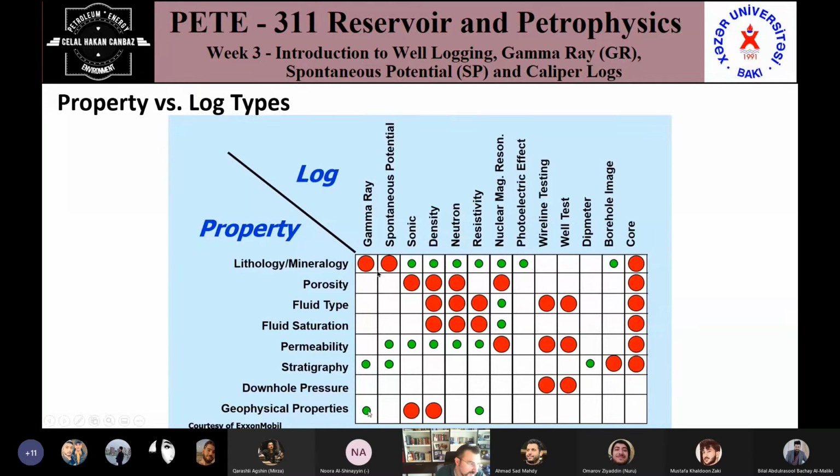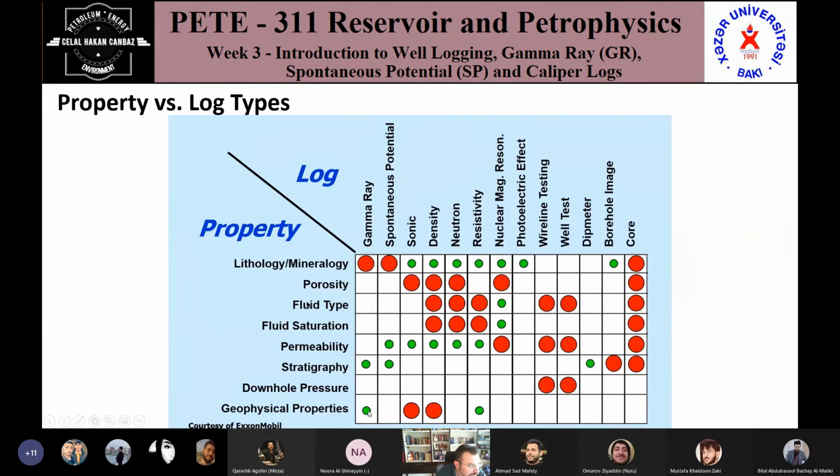You cannot get this by wireline testing, well testing, or depth meters. For the porosity, sonic log, density log, neutron log give you a bigger idea. You asked why we are not including neutron in the lithology, because it gives you a much better idea about porosity. Nuclear magnetic resonance, NMR, gives you a big idea about porosity, and cores.